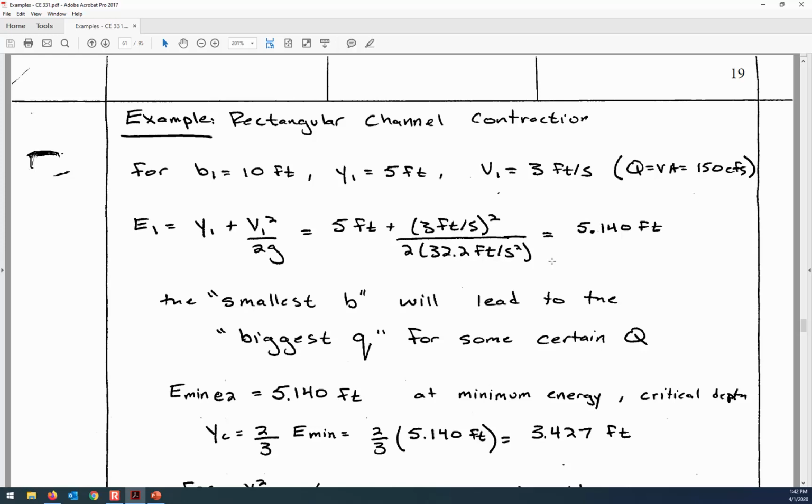So we're making the channel so narrow the water doesn't have any choice but to flow at critical conditions. We assume it's forcing the critical depth at the downstream location, so Y sub C is 2/3 of that minimum specific energy. That means the critical depth is 3.427 feet.